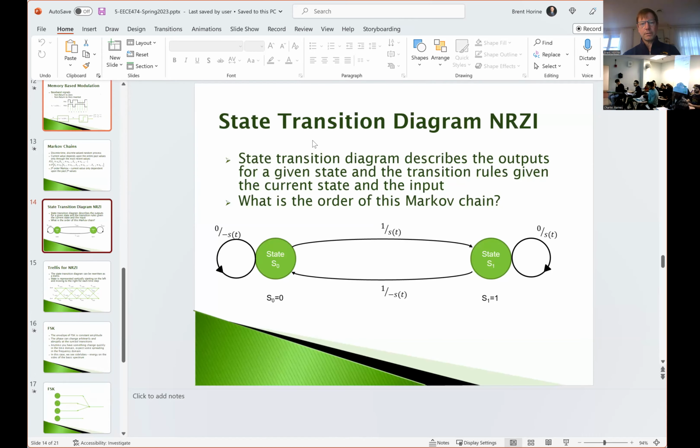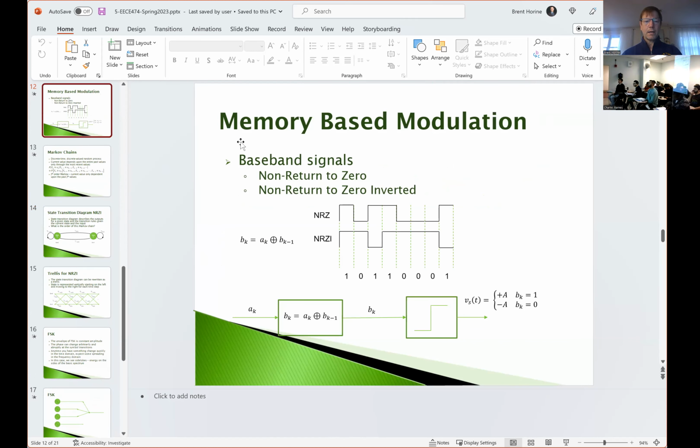So here, this is our state transition diagram for NRZ-I. So we can go back and look at what does that mean. We haven't gone into a lot of detail on the different types of signals that we're using on these, but just understand that this one is looking at a prior symbol and updating it.